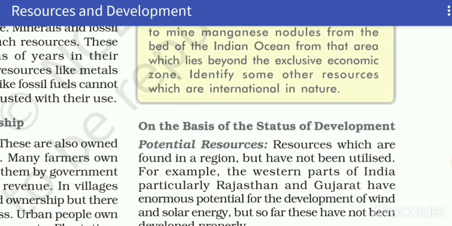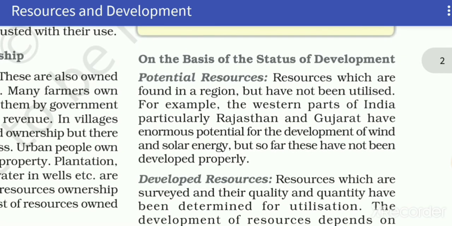Now the last classification is on the basis of the status of development. So it is also of four types. The first one is potential resources. These are those resources which are available in a region or a country but have not been utilized, like in Rajasthan and Gujarat.